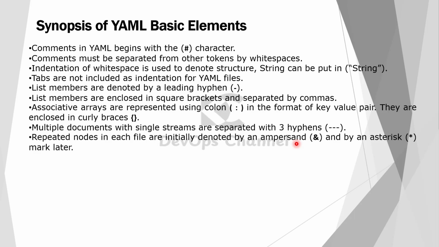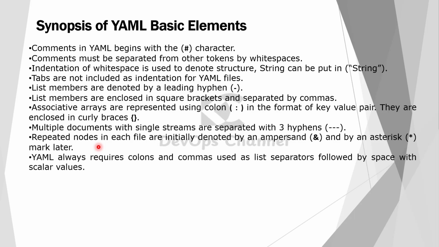So you use an ampersand before the word, and it will be treated as an anchor value. Then after that, if you want to use it, you use an asterisk as an alias of your anchor. Hope you understood.